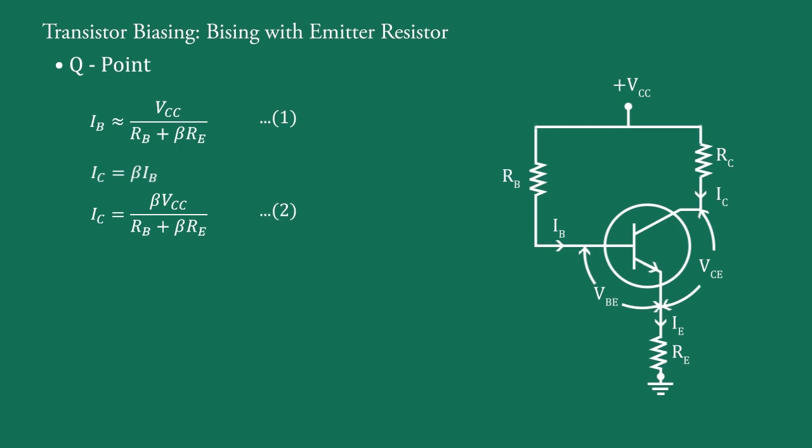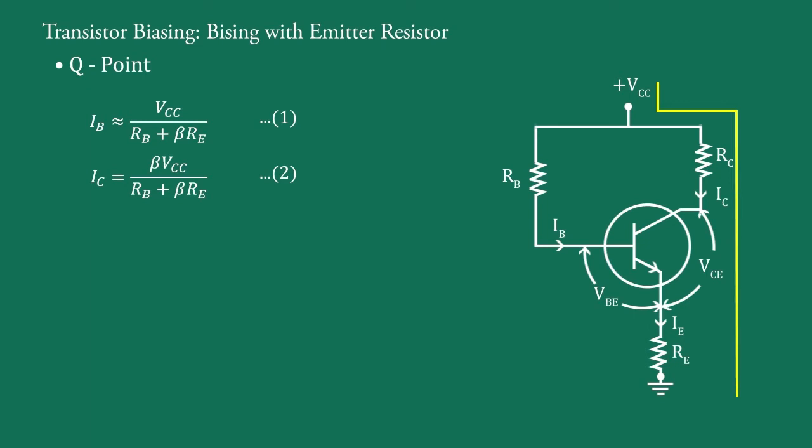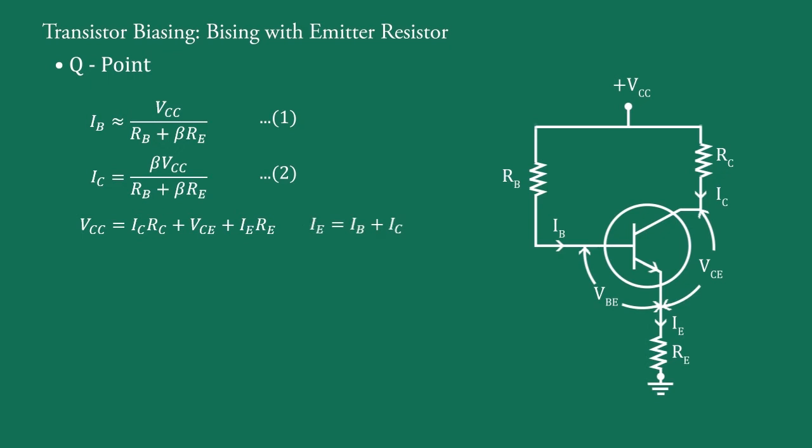Say equation 2. Now applying Kirchhoff's law at the output section, we get VCC equal to ICRC plus VCE plus IERE. Since IE equal to IB plus IC, but IB is very small compared to IC, hence we take IE equal to IC in this equation. Therefore we have VCC equal to ICRC plus VCE plus ICRE.